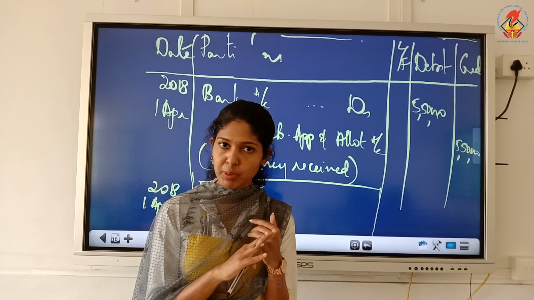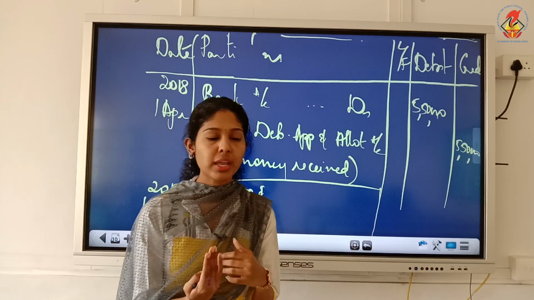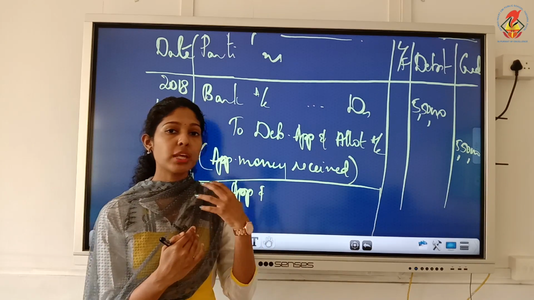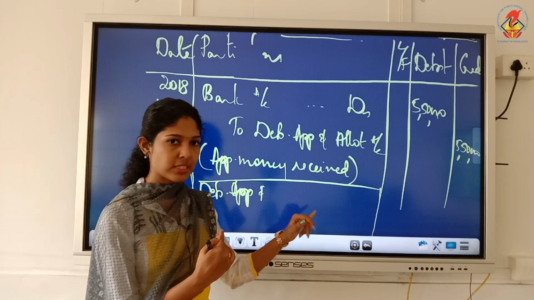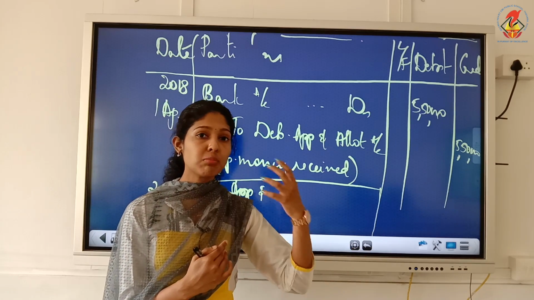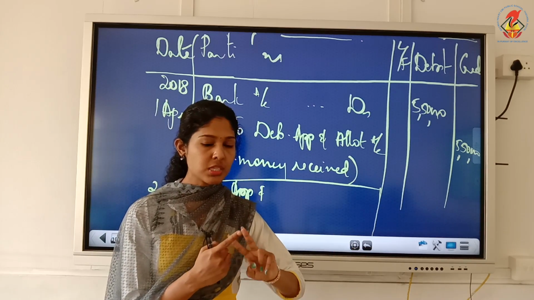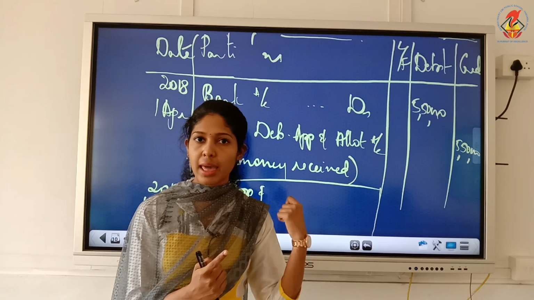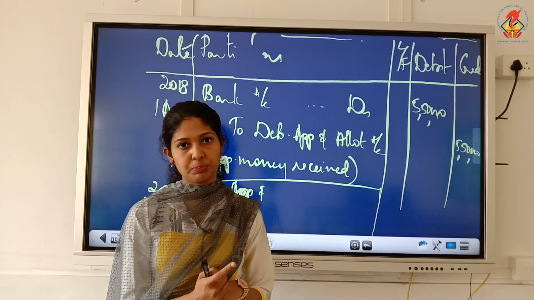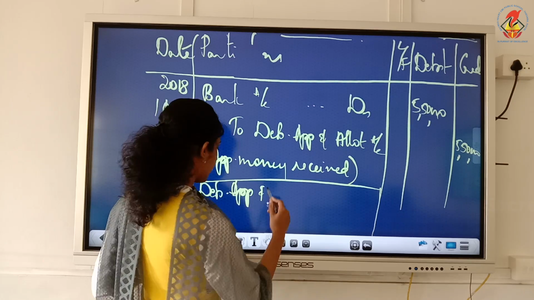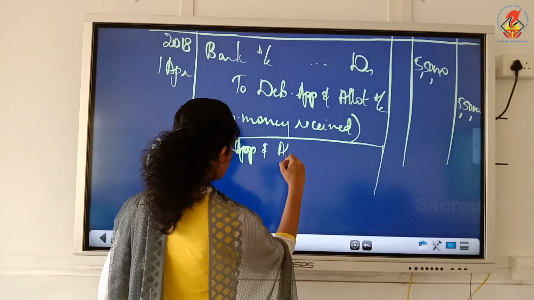That means issued at par, redeemable at par. No new accounts to be opened. If it is issued at premium, you should open securities premium reserve. If it is redeemed at premium, you should open 2 accounts, premium on redemption, and on the debit side, loss on issue. So all these you have to check. Now, nothing to be opened.